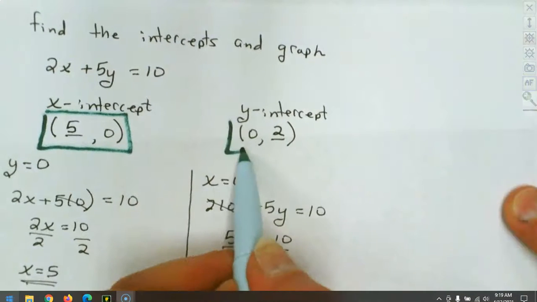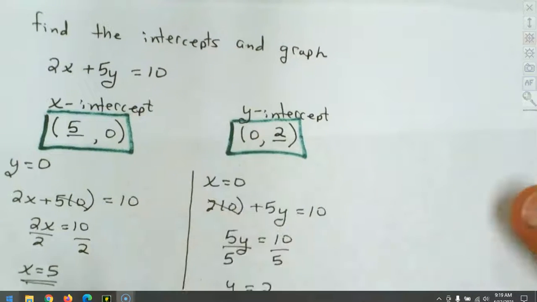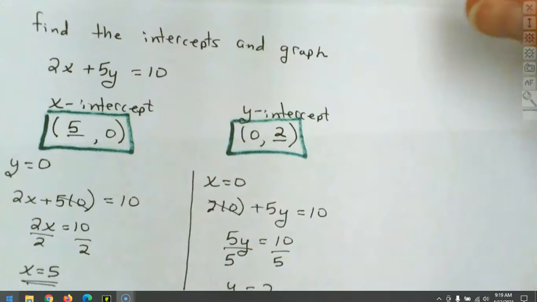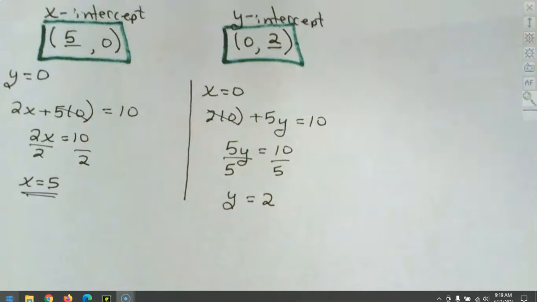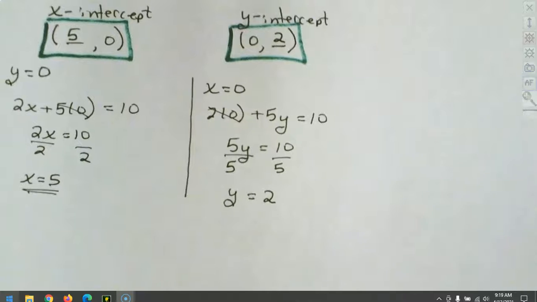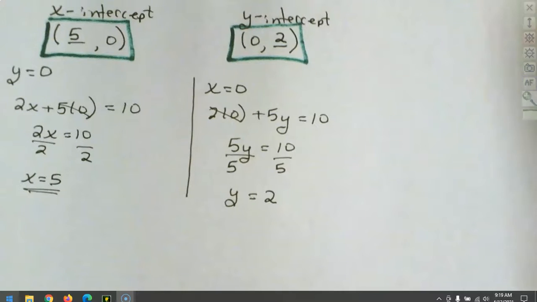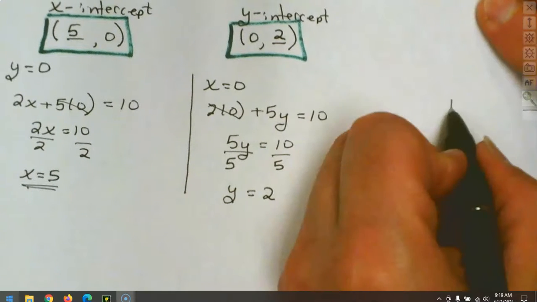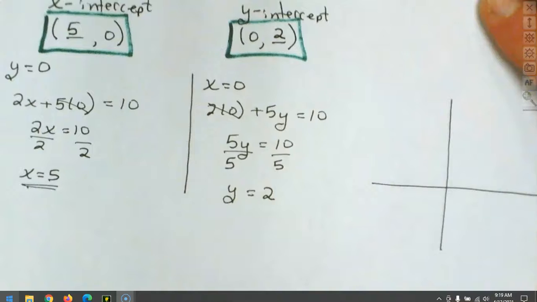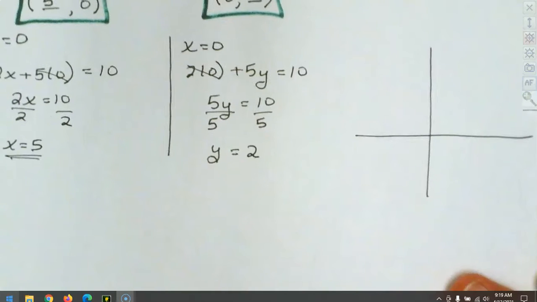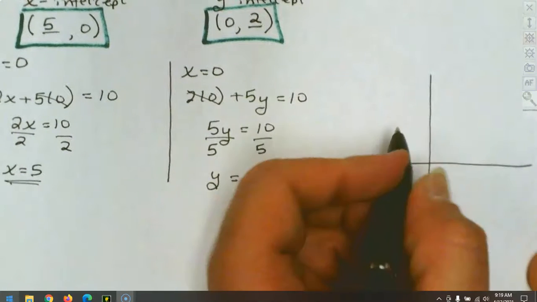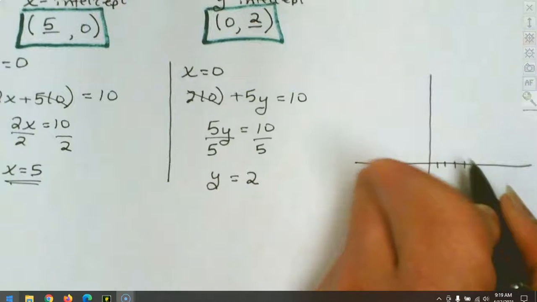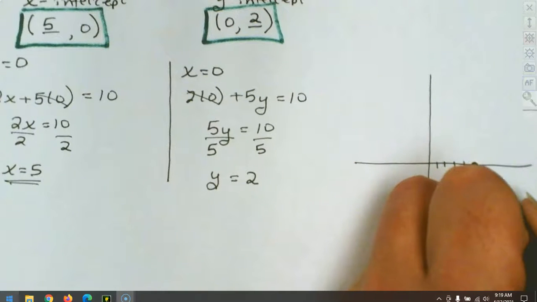Now we have everything that we need to graph this line. We've got our 2 points, our x-intercept and our y-intercept. Plot those, connect them together, and that finishes out this question. So what would our graph look like? Well, we've got that point 5, 0, which is right here.